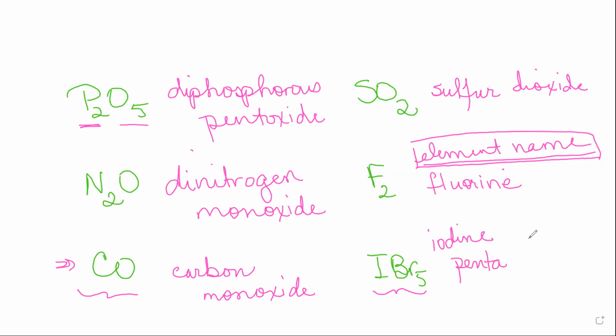How do we end the second element? Iodine pentabromide. Perfect. Okay. Great. You guys are doing fantastic.